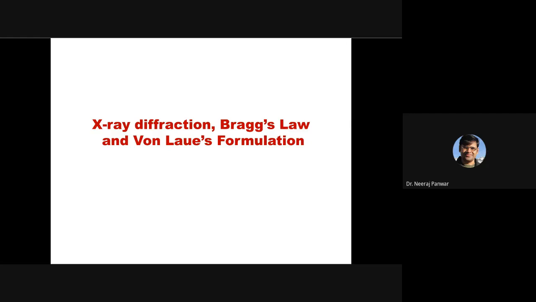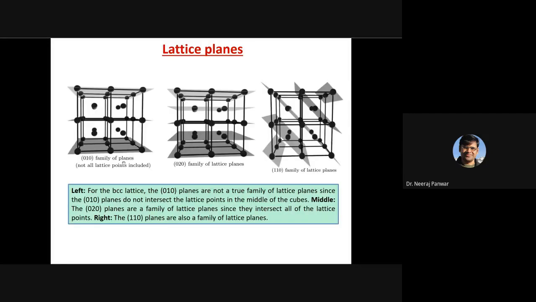In the previous class, we discussed the lattice planes. For example, in this picture we can see a BCC structure, with 4 unit cells of the BCC structure connected together, and the shaded area here shows the 0, 1, 0 family of planes.